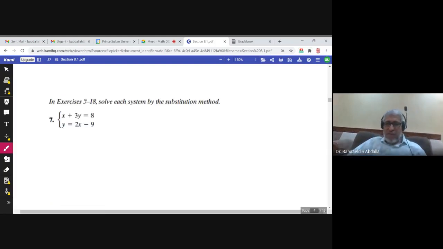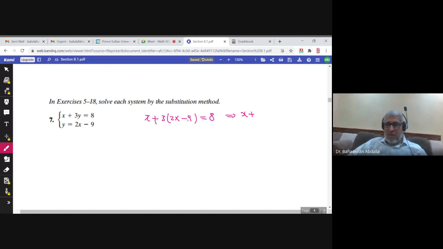From the second equation, I know that y is equal to 2x minus 9. So I go to the first equation and replace y by 2x minus 9. This is substitution. I am substituting the value of y from the second equation into the first equation, equal to 8. Now I have one equation in one variable, so I solve this equation and find the value of x.